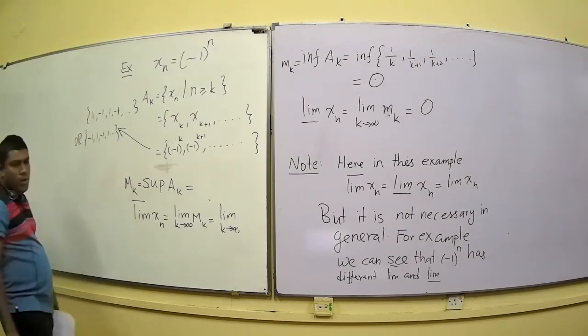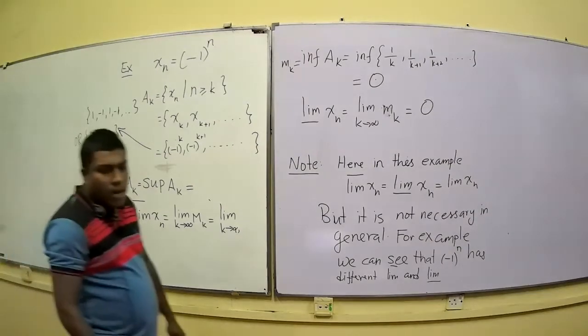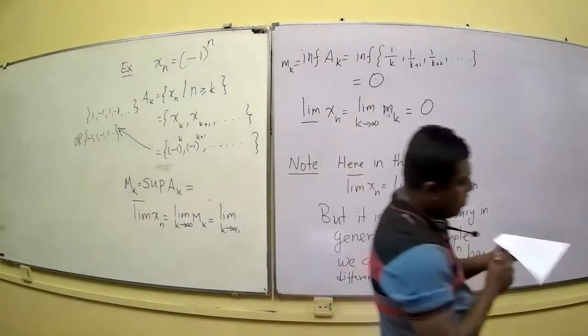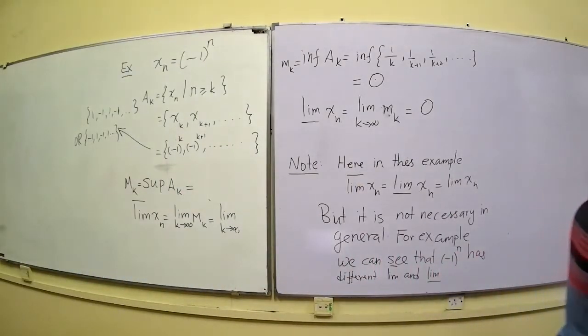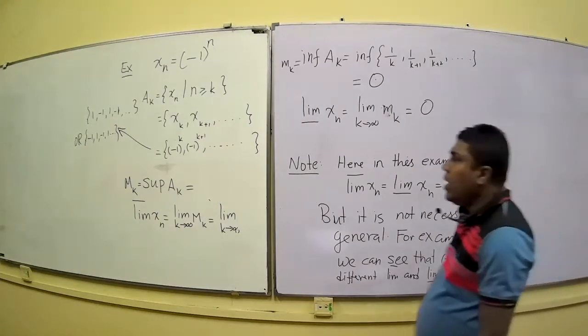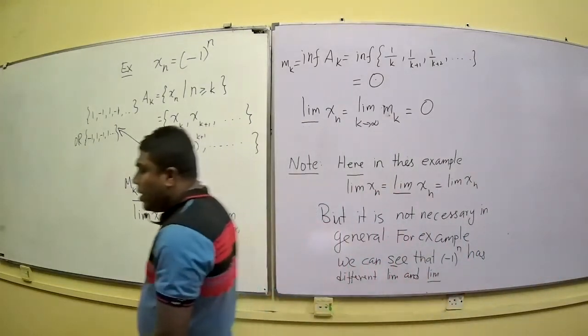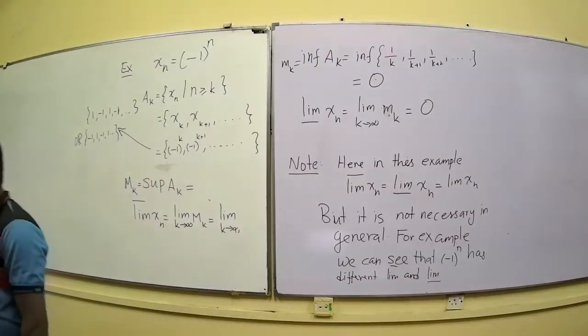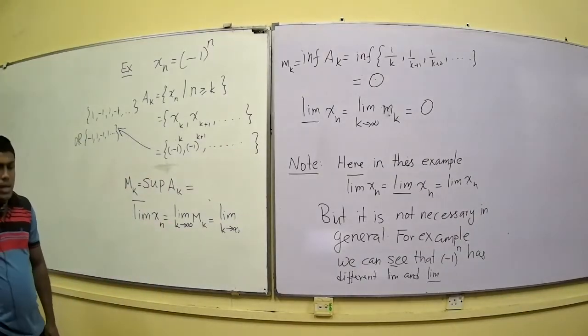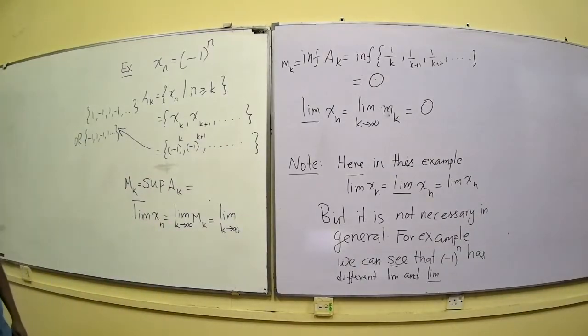Either one of those cases. If you take k as an even value, then you start with +1, -1, +1, -1, and if you take k as an odd number, then you go -1, +1, -1, +1. That is the pattern. So in any case, the elements in the set are going to be -1 and +1 only.